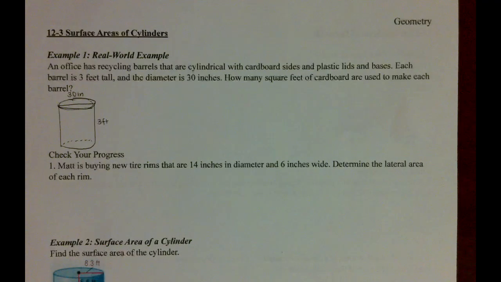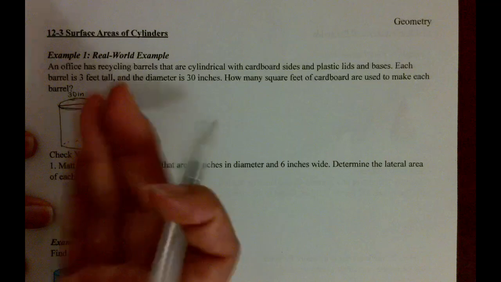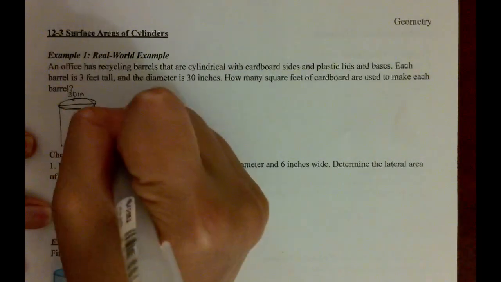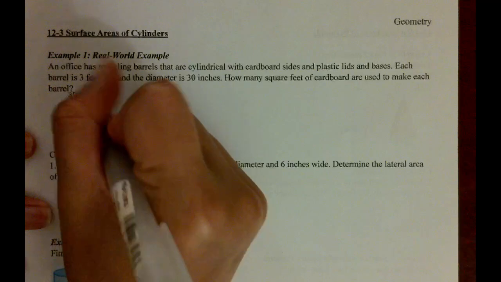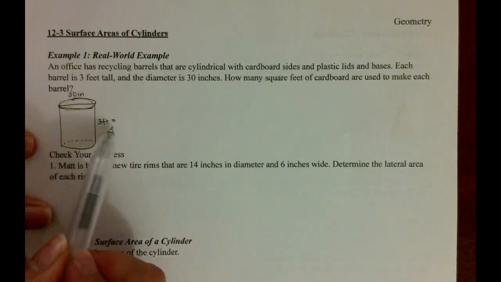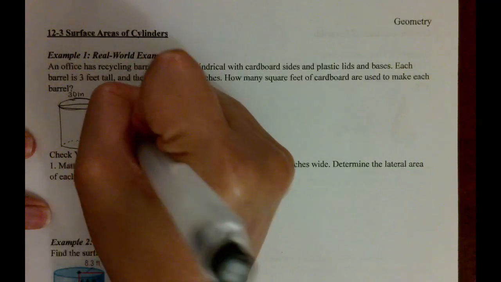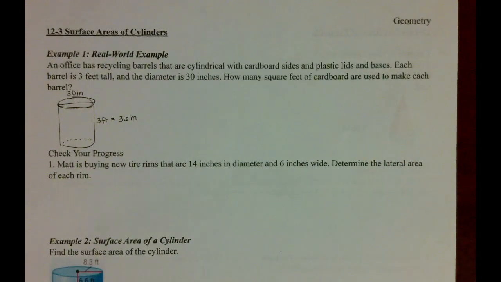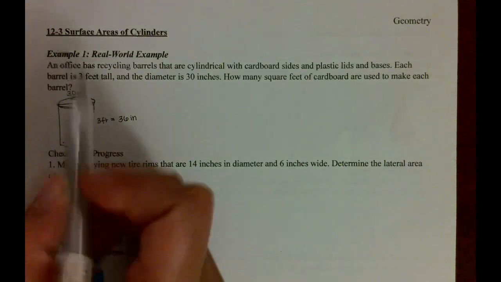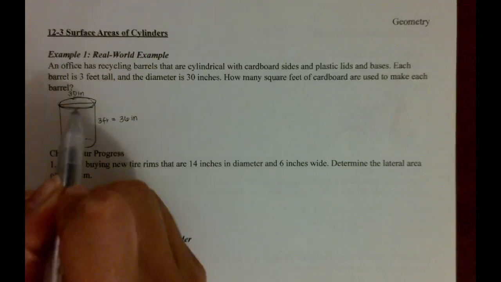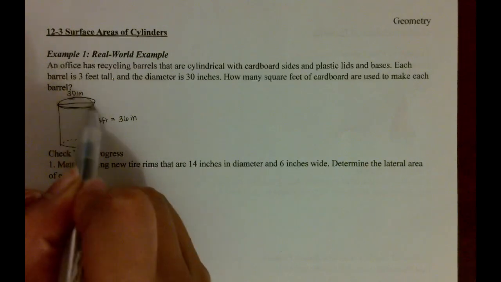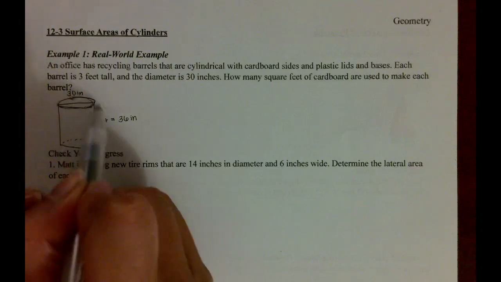Okay, so essentially, if we cut it and rolled it open, right, we're going to first convert this into inches, so that way we're talking about the same measurements, because this is inches and this is feet. So 3 feet is 36 inches, because there's 12 inches in a foot. Okay, so here, essentially when we cut it, this wraparound here, this is the circumference, right?